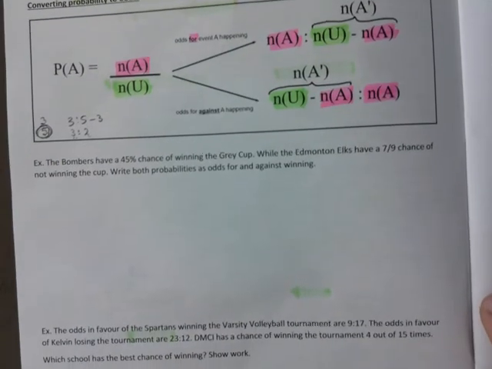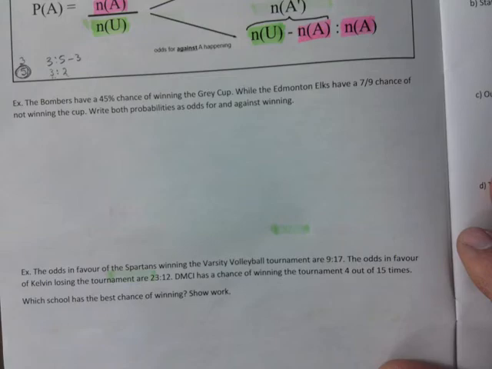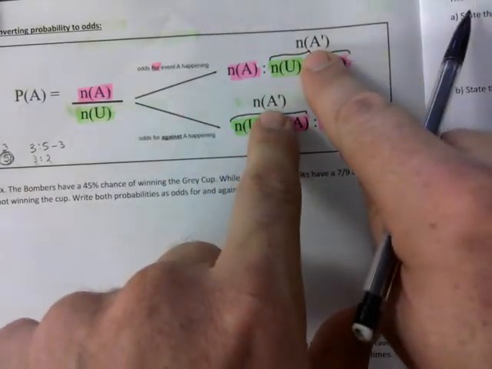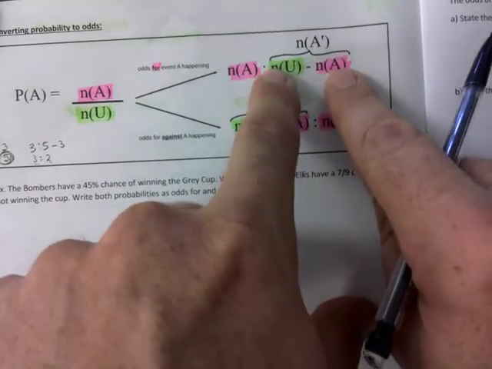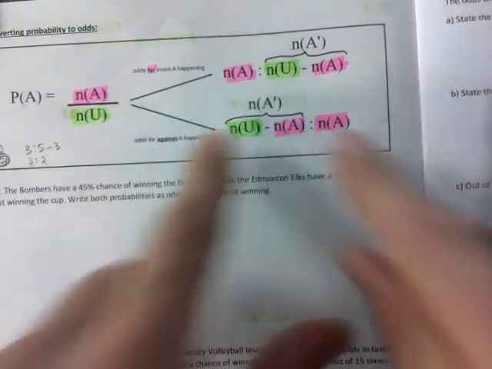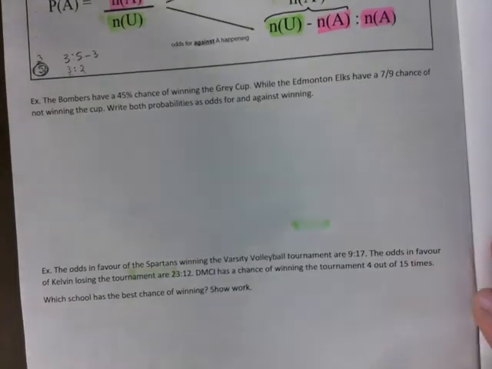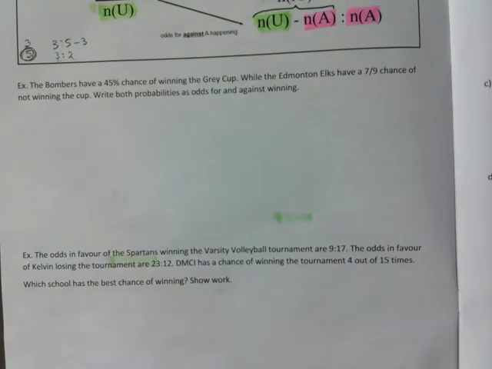Okay, so let's keep going. Our ultimate goal is to find not happening, and that's where subtraction comes in, that's how you get that. Okay, the Bombers have a 45% chance of winning the Grey Cup, while the Edmonton Elks have a 7/9, so 7 out of 9 chance of not winning the cup.